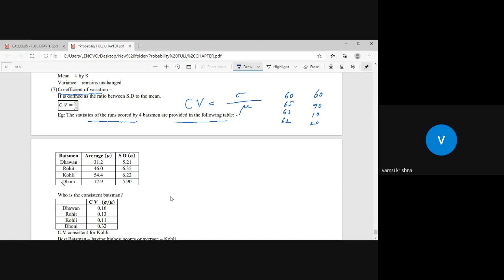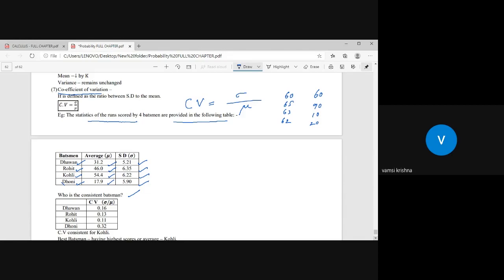We have different batsmen like Dhawan, Rohit, Kohli, and Dhoni, and their average scores are given as 31.2, 46.0, 54.4, 17.9, and standard deviation is 5.21, 6.35, 6.22, 5.90. Now my question is, who is the consistent batsman? The solution is available here also.